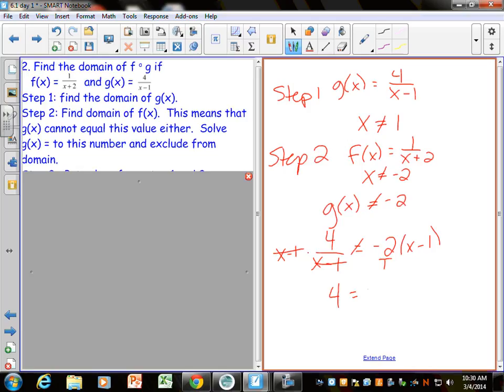And I'm going to get negative 2x plus 2. And I'm just going to solve that for x. So when I subtract 2, I get 2 equals negative 2x, or, sorry, not equal. X cannot equal negative 1.